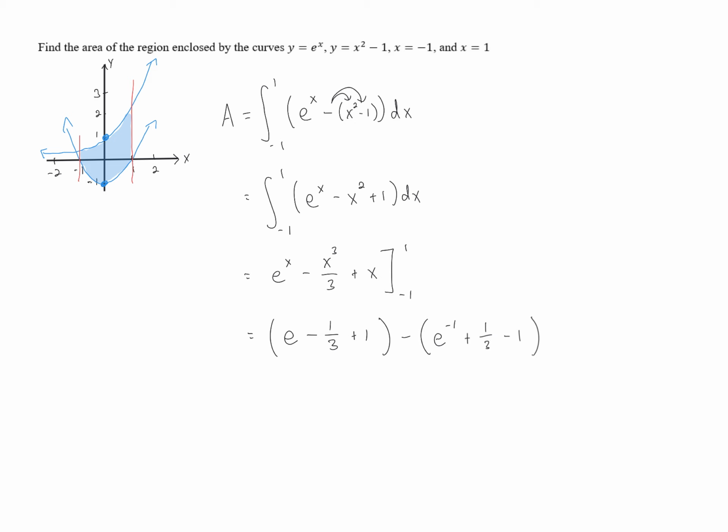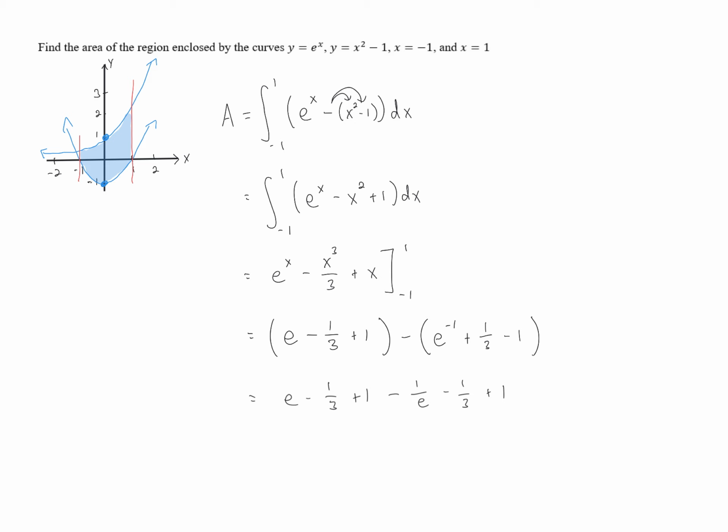And then minus 1 when we plug in that -1. Now when we distribute that subtraction to each of the terms in the second set of parentheses, it's going to be minus, e to the negative first is the same as 1 over e, so that's minus 1 over e, minus 1/3, and then plus 1.